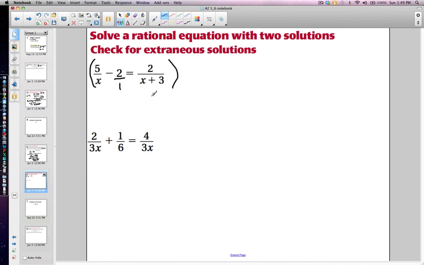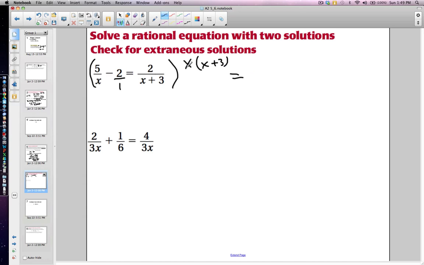This has a denominator of 1, that's unimportant. I have x and x plus 3, so the least common denominator would be x times x plus 3. It is used not to create common denominators, but so that I can multiply both sides of the equation by it and get rid of all the fractions.